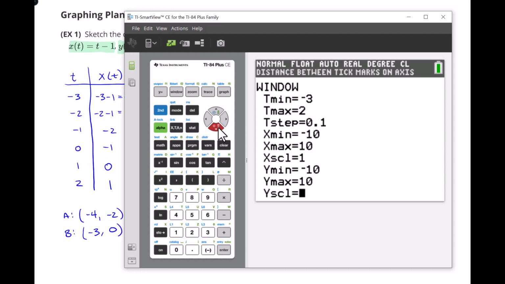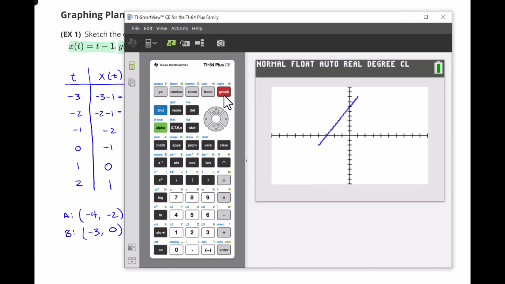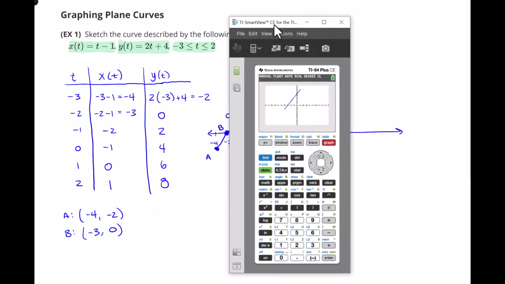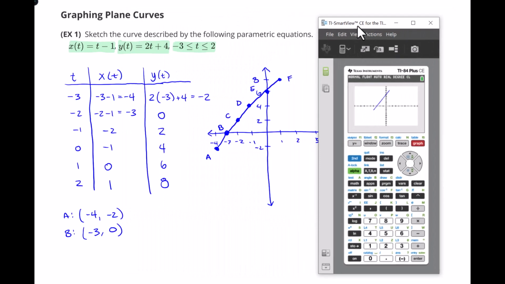The scale on the y and the x is just how often to draw a tick mark. All right, so we graph and see exactly what we drew. So see that the line here is a segment, has a start and an end point. And that start and end point matches up to exactly what we had right here.